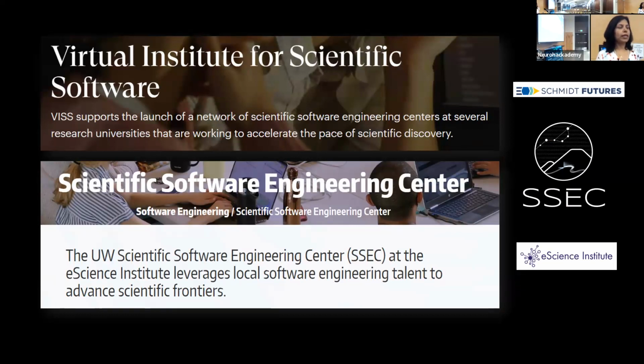The Scientific Software Engineering Center was created via a grant given by Schmidt Futures. They started 4 centers, one here at UW, one in Georgia Tech, one in Johns Hopkins, and one in University of Cambridge, under this effort that they call the Virtual Institute for Scientific Software. And the goal is to leverage industry-grade software engineering practices in the development of scientific software in academia, because software that gets built in academia often isn't sustainable.